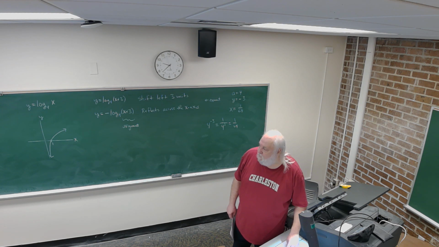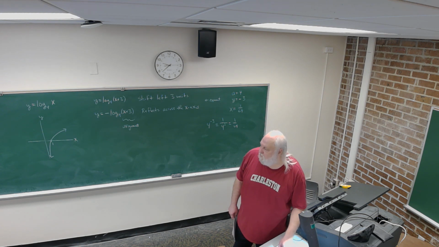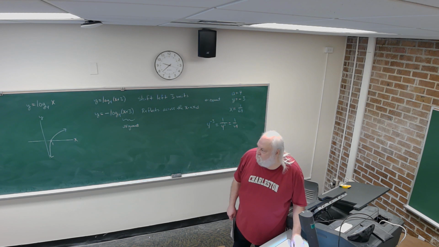Okay. The range, you can tell by just visual inspection, goes from minus infinity to plus infinity. And the vertical asymptote, up here the vertical asymptote was x equals 0, basically by setting the argument x equal to 0.